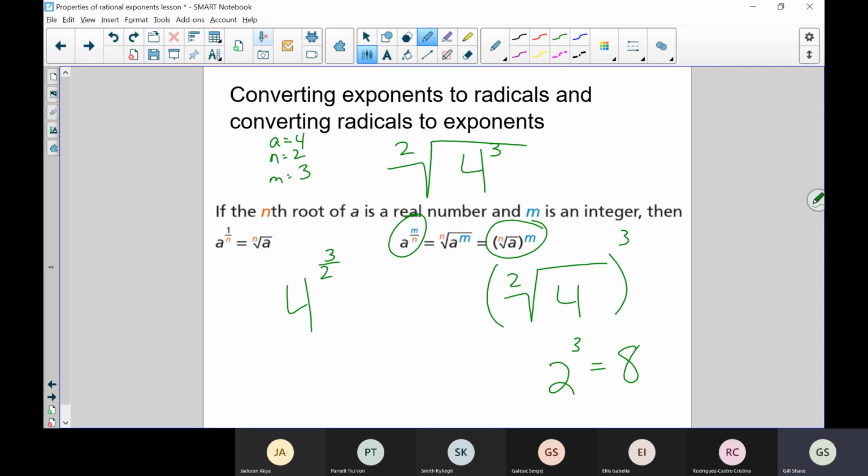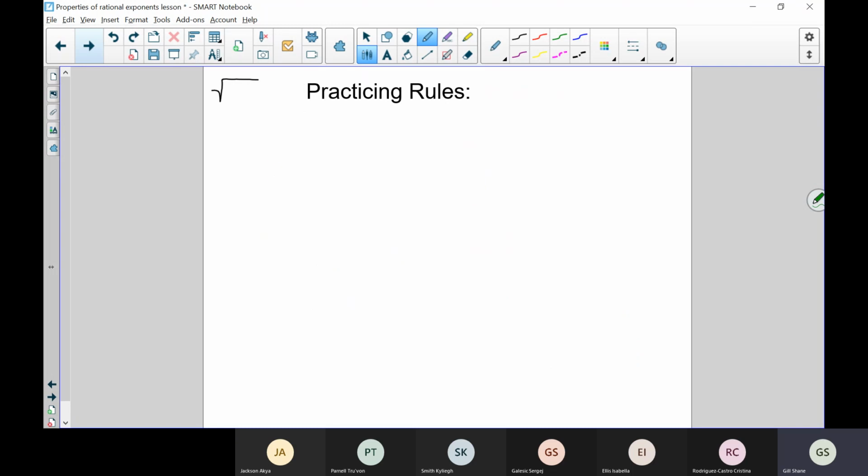All right, so now we're going to talk about all of the different rules, the power rules for exponents. Practicing the rules. Again, this comes from your sheet. You guys that are online, there's a sheet you should have gotten in your email. If you did not get this in your email, let me know.